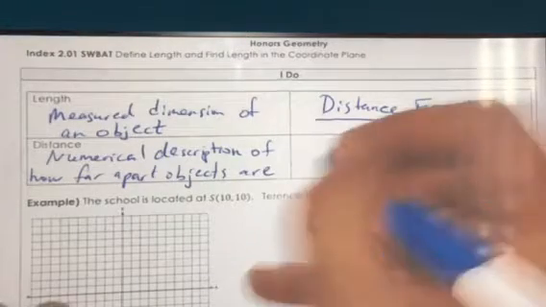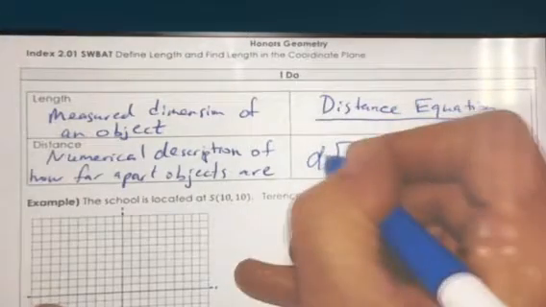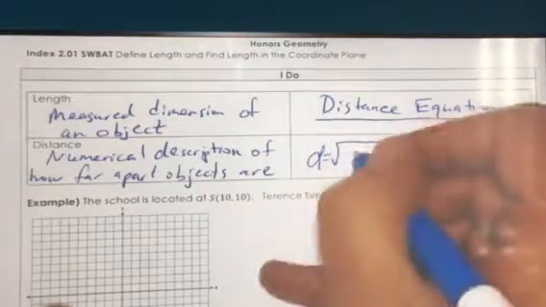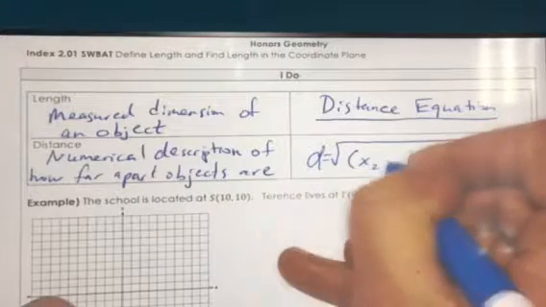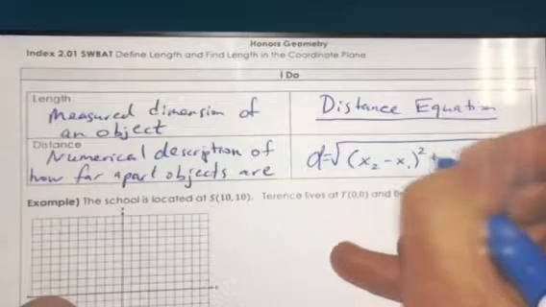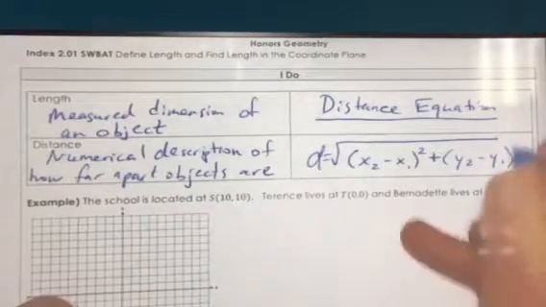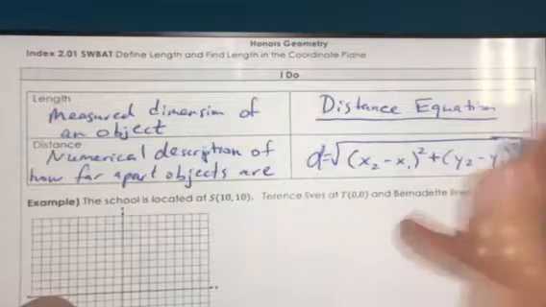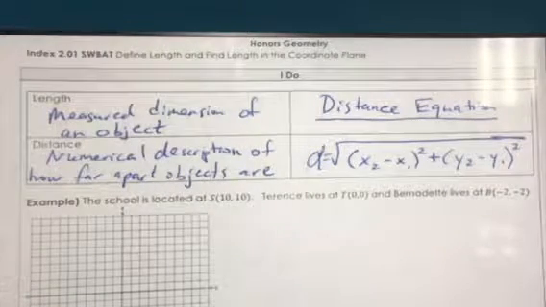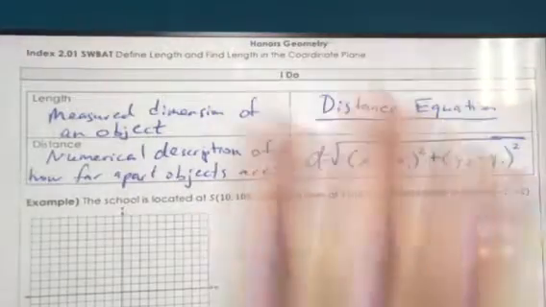But we need to know that distance equals the square root of x2 minus x1 squared plus y2 minus y1 squared. So I need to put some more information in here. You could write this in the margin. You could make an index card and staple it to these notes.